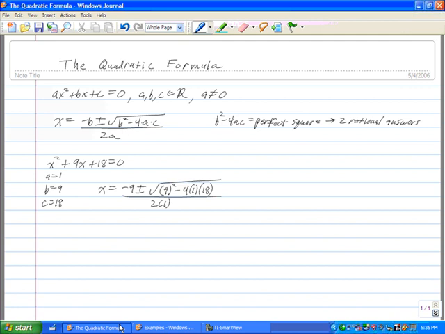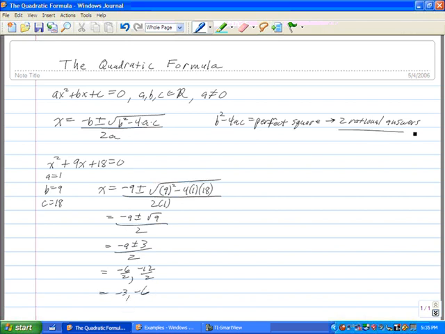Well, once again, we know because of this discriminant being a perfect square, we're going to get two rational answers for this problem. So it's going to be a negative 9 plus and minus 3 over 2. Negative 9 plus 3 is a negative 6 over 2. Negative 9 minus 3 is a negative 12 over 2, which is a negative 3 and a negative 6.